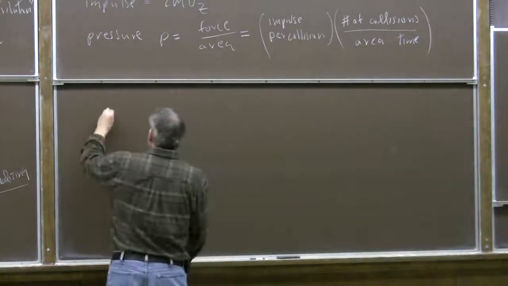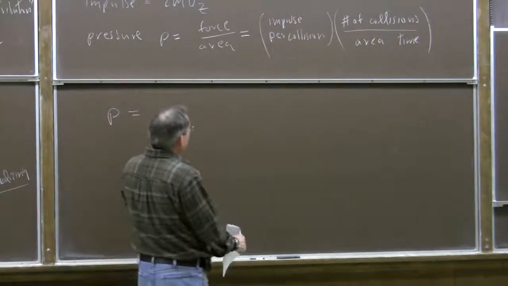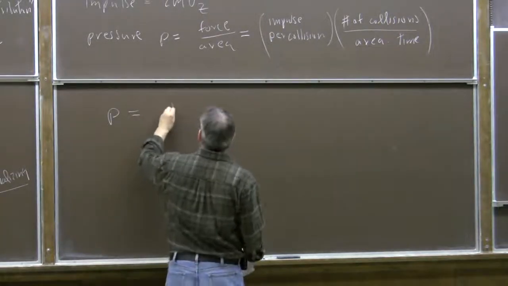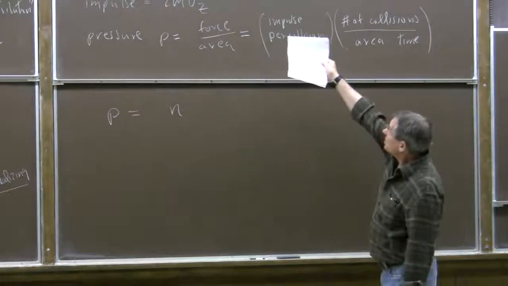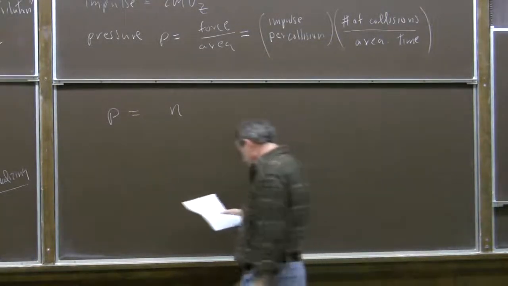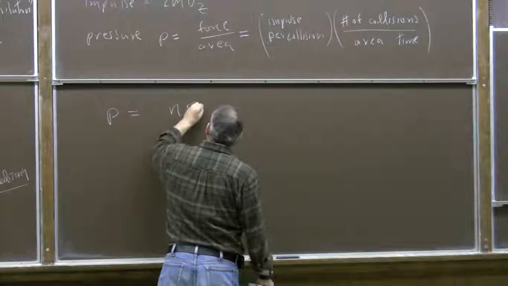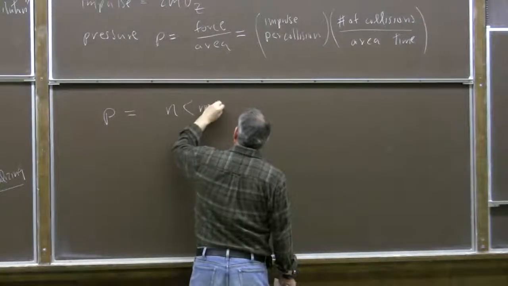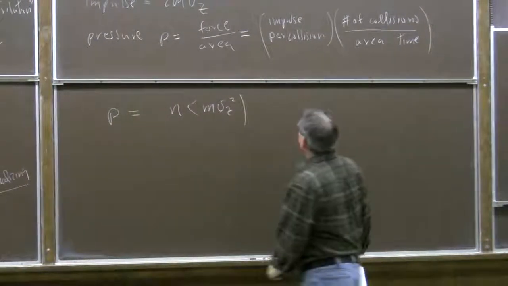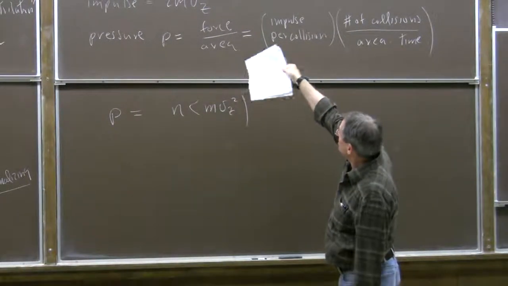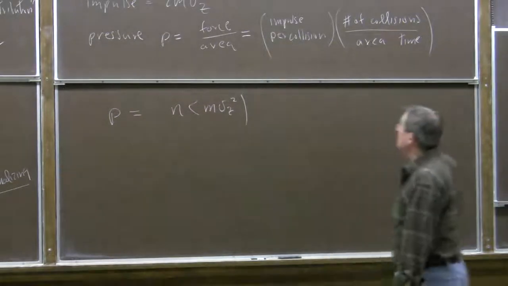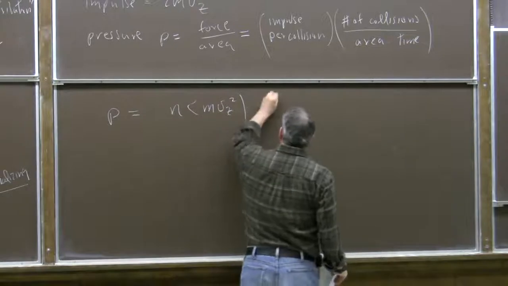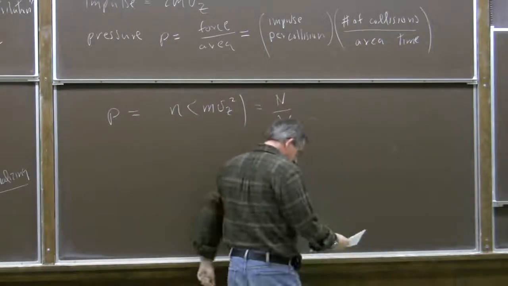And so I can write the pressure as an average over the distribution of speeds in the gas of the density, because that goes into flux, times the mean value of m v_z², because I have a 2mv_z in the impulse and a 1/2 n v_z in the upward flux. So in other words, it's the number of particles per unit volume.